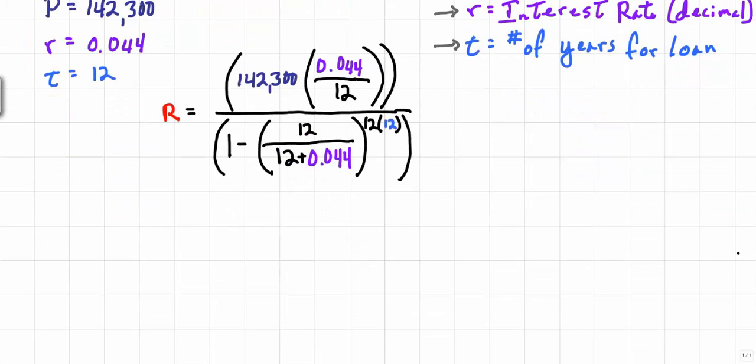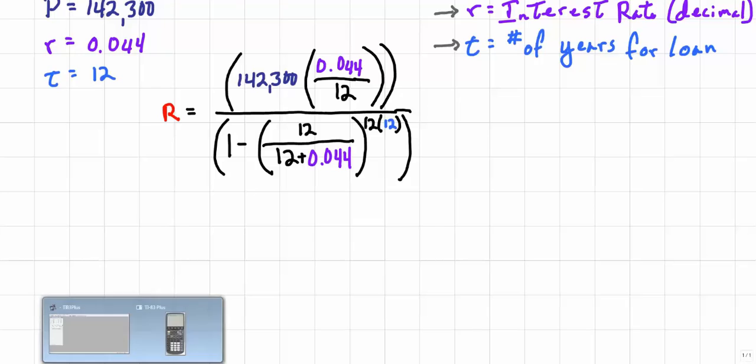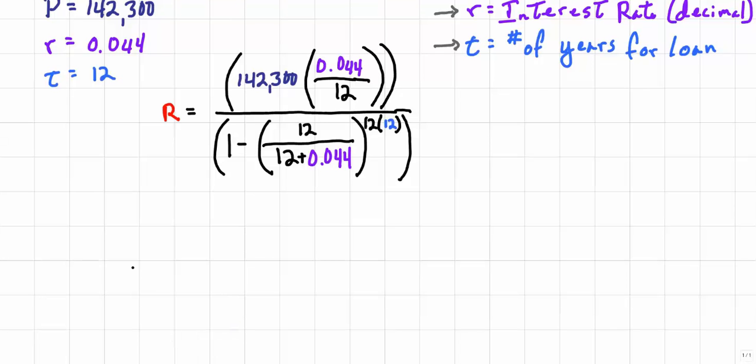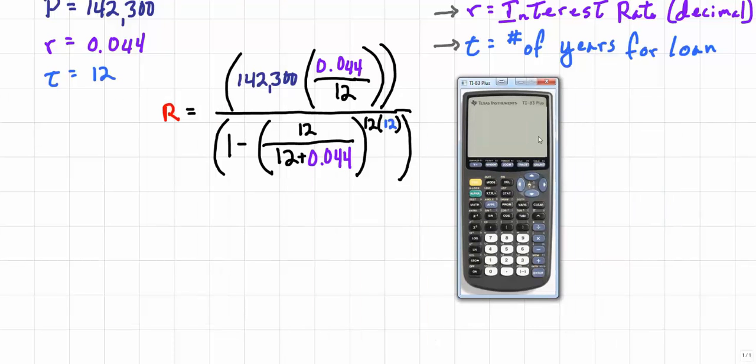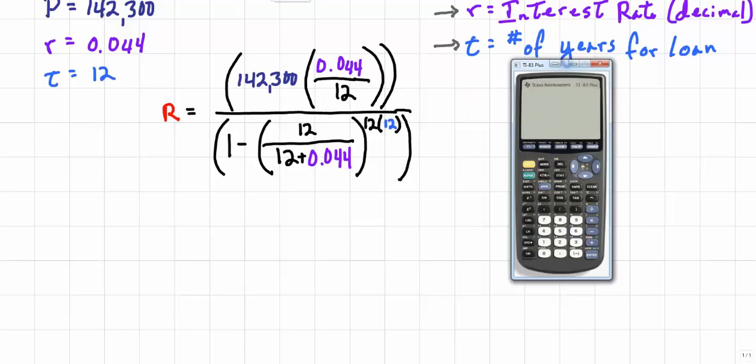Now, in order to do that, we're going to need a calculator emulator. And this is the TI-83. Now, I'm going to start with the numerator, and I'm going to open a set of parentheses. Okay, so we're going to open parentheses first. Then I'm going to type in 142,300. Open another set of parentheses, 0.044 divided by 12.